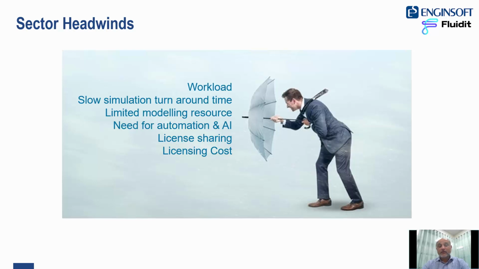I wanted to share some of the findings we have uncovered by talking and listening to our clients. We see a huge increase in workload over the last few years from the demands on the industry. The simulations are potentially getting slower, and especially in 2D, that's quite unmanageable in the current software portfolio.